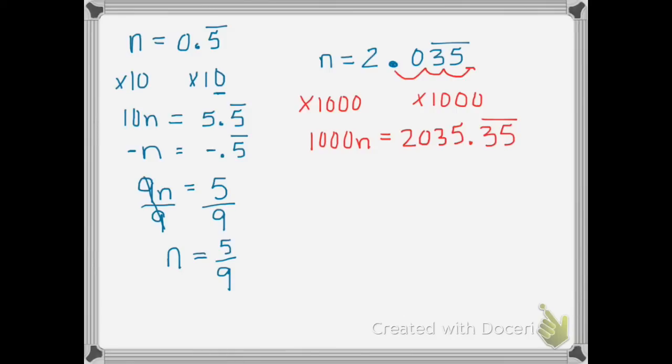Now see on this one, if we just subtract n from both sides, we're not going to get rid of the 0.35, so we have to do a little bit of a different step there.